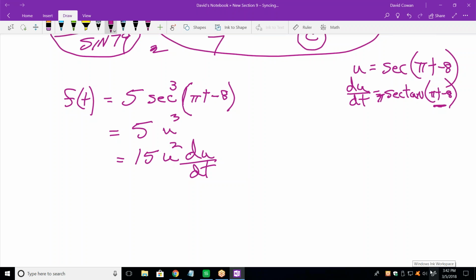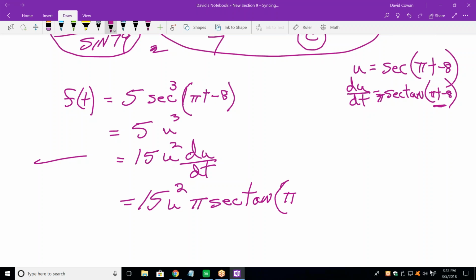Okay? So now if we go back to this function over here, we got 15u squared times du dt, which is pi secant tangent of pi t minus 8. And now one last substitution. We want our final answer to be all in t. And right now we have it in u and t.